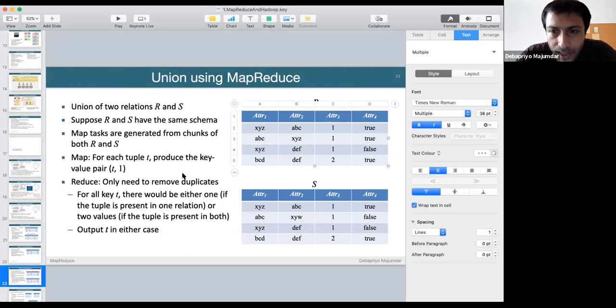A tuple after the map may be present once if it was present in either relation R or relation S, or twice if it was present in both tables. In either case, the keys are the tuples, so for all keys, you simply output it once in the reduce.